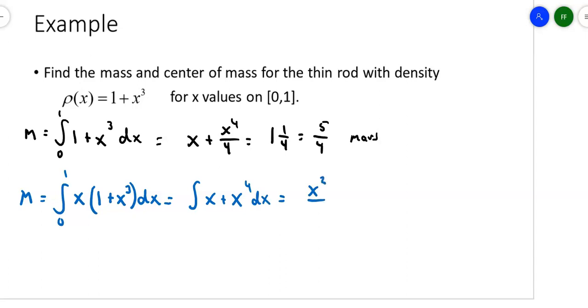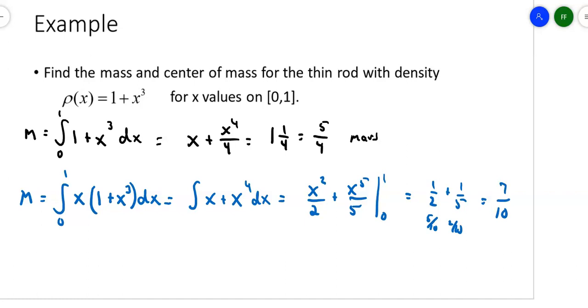So that gives me x squared over 2 plus x to the fifth over 5. Evaluate at 1 and at 0. If I put a 0 in, I just get nothing. If I put a 1 in, I get a half plus a fifth. In terms of a common denominator, that's 5/10, that's 2/10. So add them together, I get 7/10.